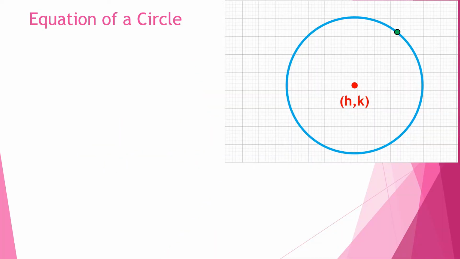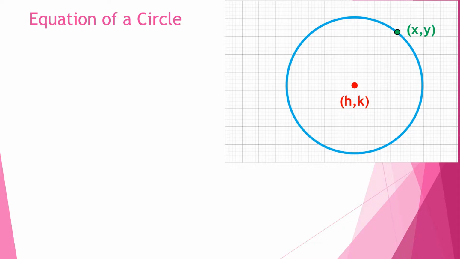Then on our circle, let's have a point. Since by definition, a circle is a set of all points on a plane which are equidistant, or with the same distance, from a given point called the center, every point on our circle will have the same distance from our center. So since we have another point on our circle, let's have this point as x, y.